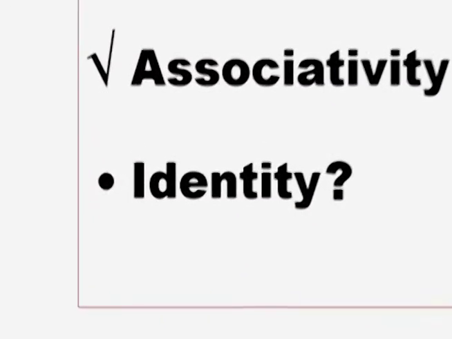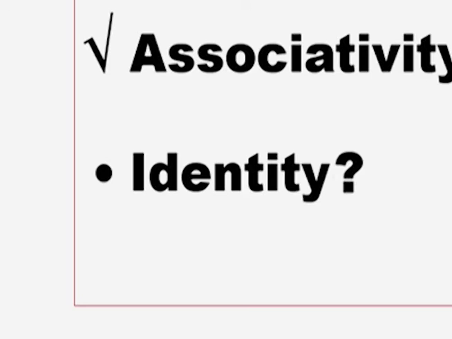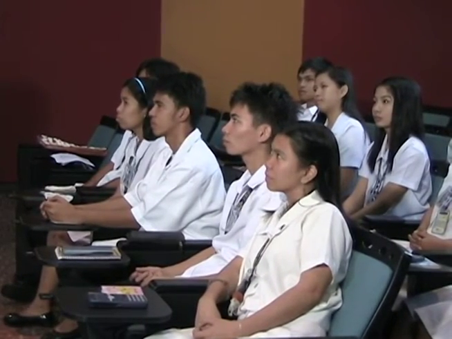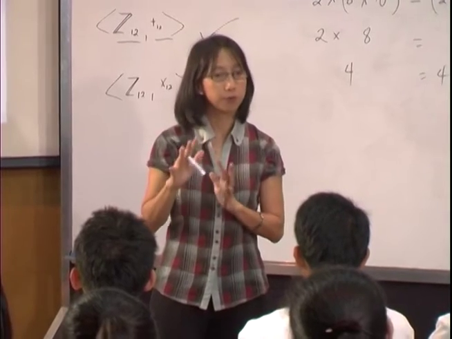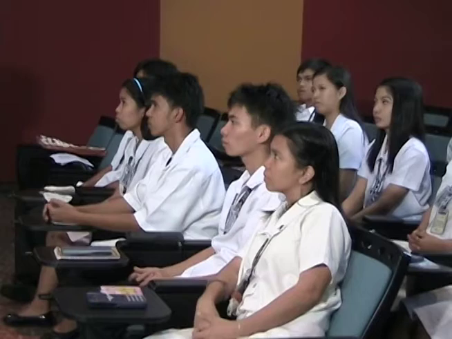Identity. Do you think an identity element exists for this particular set? If 0 is the identity element for Z12 in addition modulo 12, what do you think is the identity element for multiplication modulo 12?